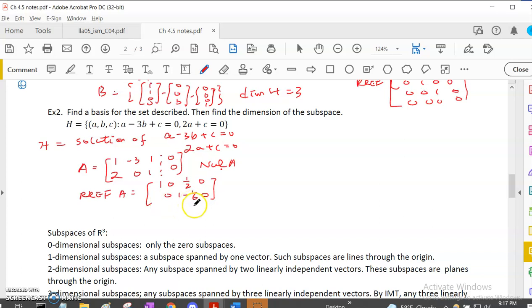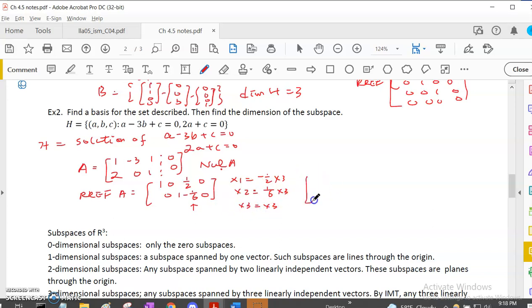So we see there is a free variable. This free variable is x3, and that would produce your Null A, because you can write x1 equal to -1 half x3, x2 equal to 1/6 x3. So all of it is x3 times something, right?